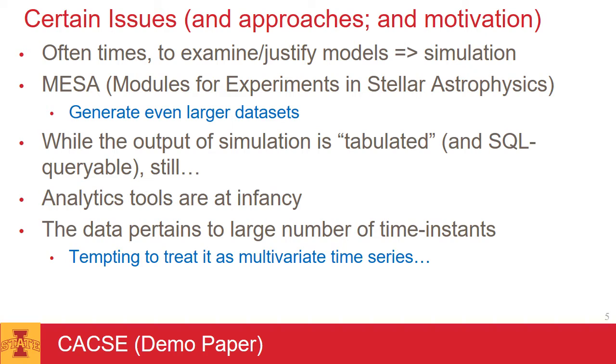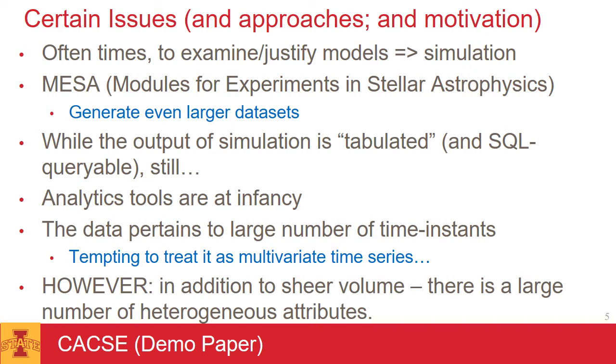At the core of the problem is that the data pertains to a large number of time instants. Now, here somebody may be tempted to say, well, why don't we use multivariate time series? True, that's a viable option.